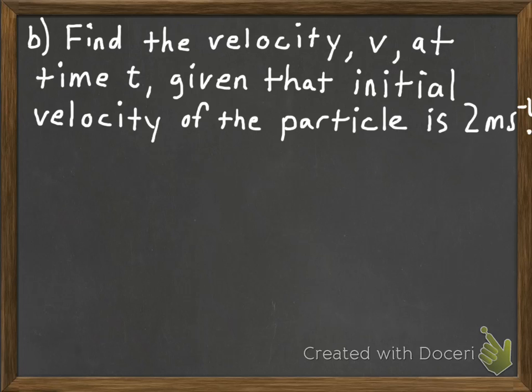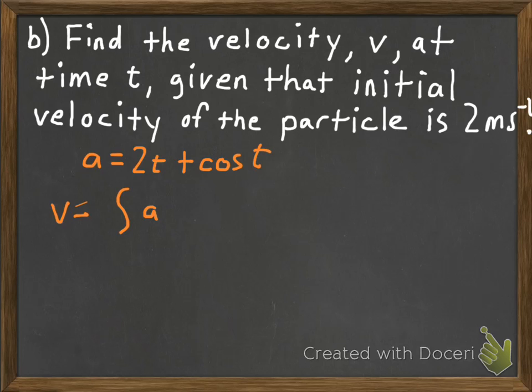All right, well, the first part of this is we got to know how we get from what we know, which is an acceleration function, to velocity. And this is what we said at the beginning of the video. If you're going from acceleration to velocity, you're finding the antiderivative of the acceleration. So the v is going to be equal to the integral of a.